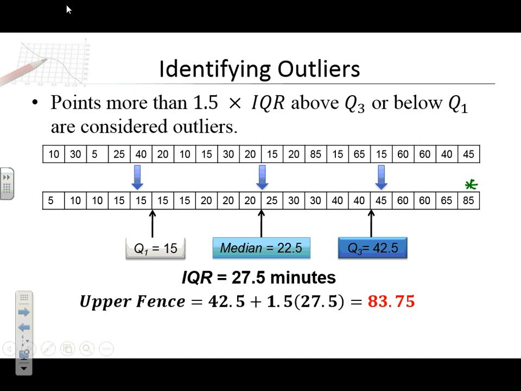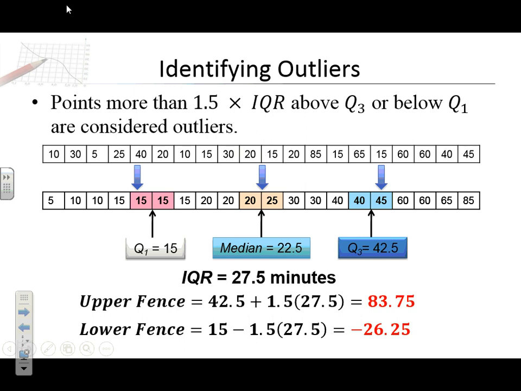When we do the lower fence, it's the exact same process. The only difference is now we start at quartile 1. So lower starts with the lower quartile. So 15 minus 1.5 times 27.5. So our lower fence would be negative 26.25.